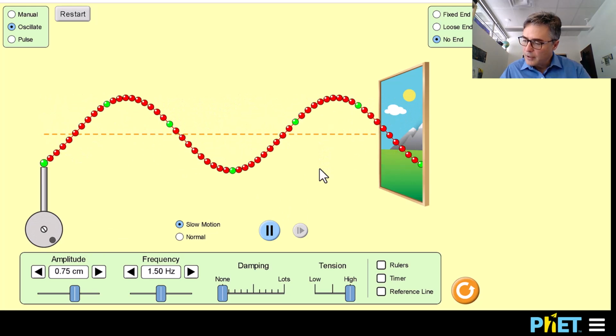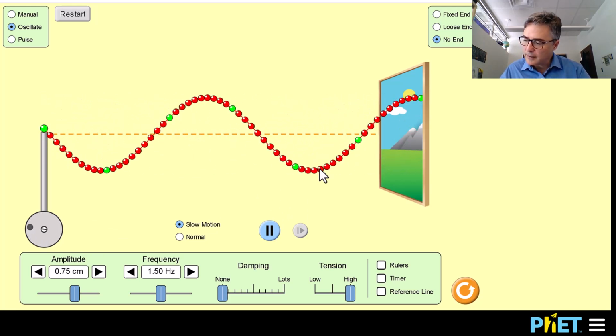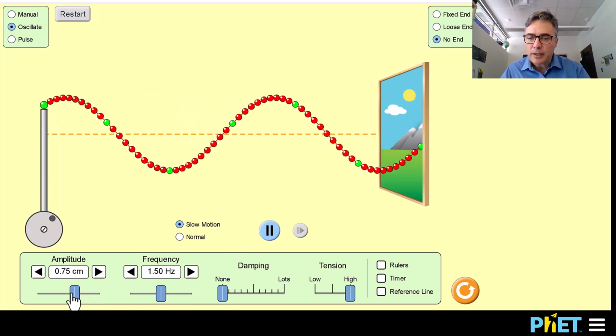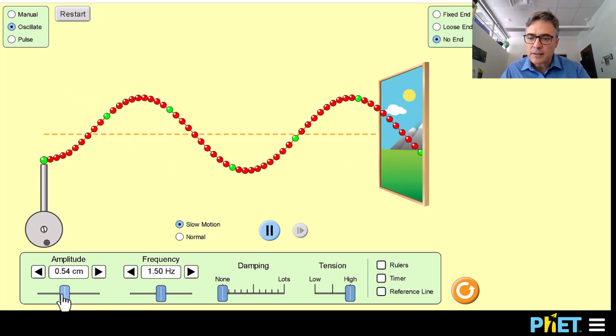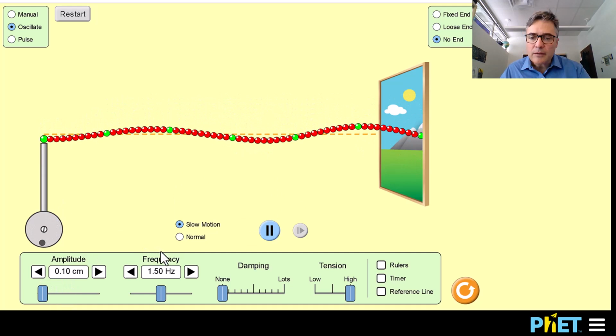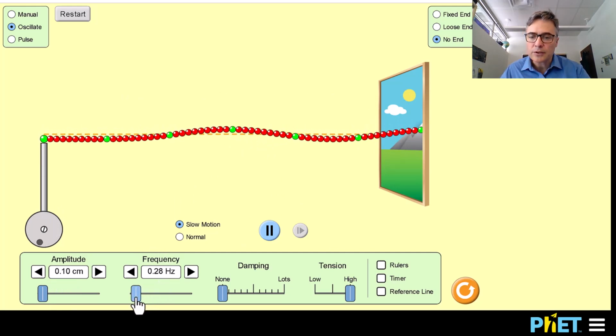Okay. So then step 5 is no end. We can set the amplitude here. This is right now 0.75 centimeters. We can set it to 0.1 centimeters. And it wants a frequency of 0.42 hertz.